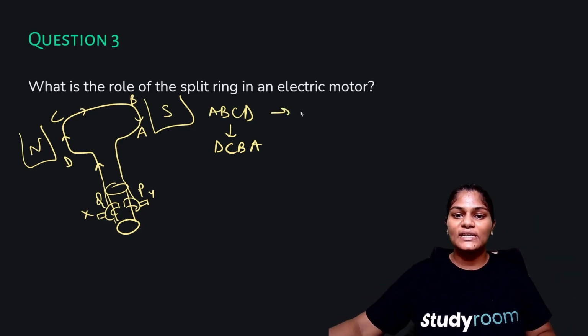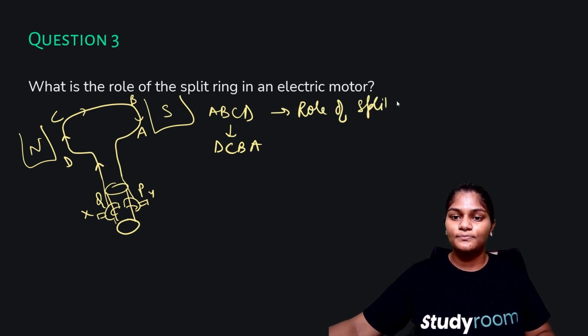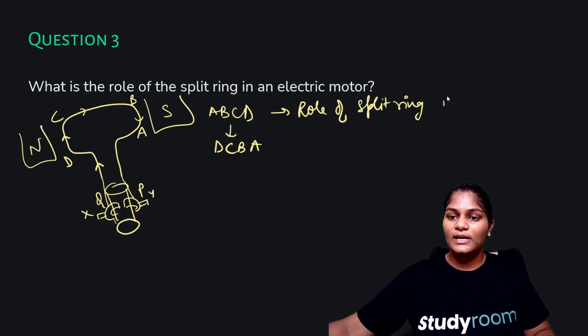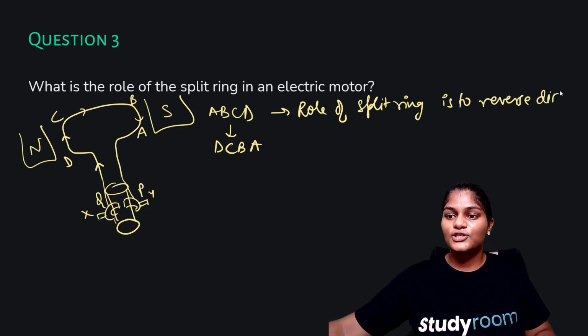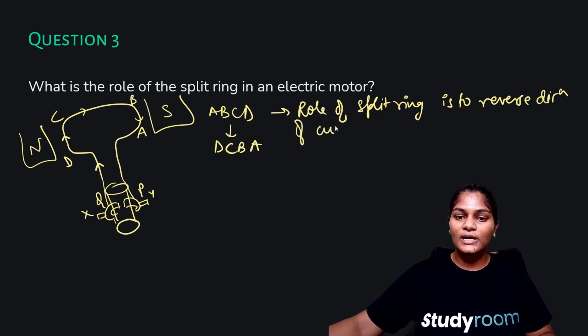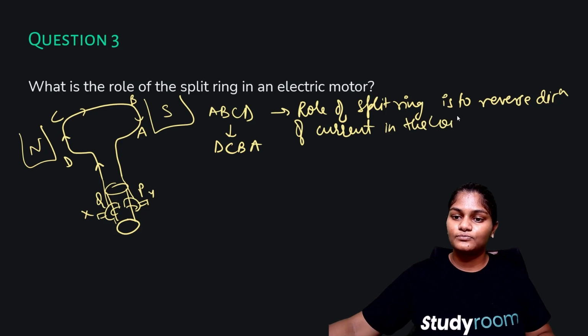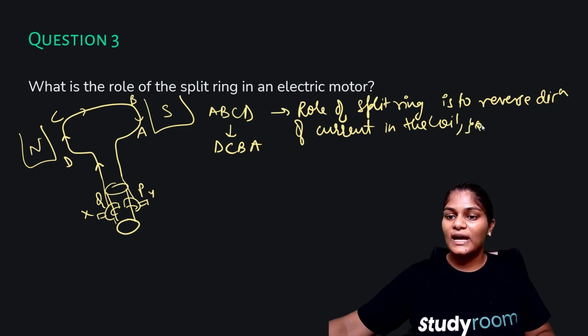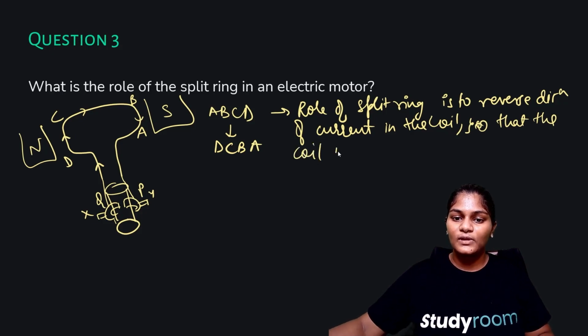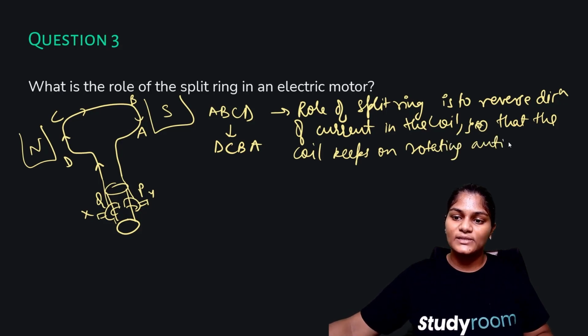So now we can say that the role of the split ring is to reverse the direction of current in the coil so that the coil keeps on rotating anti-clockwise.